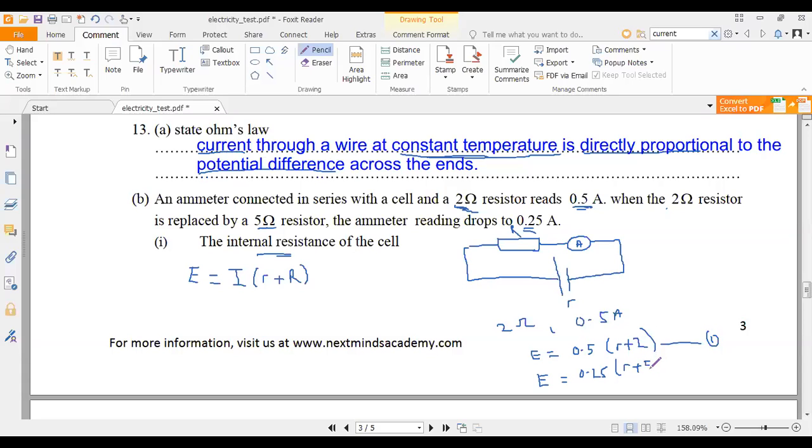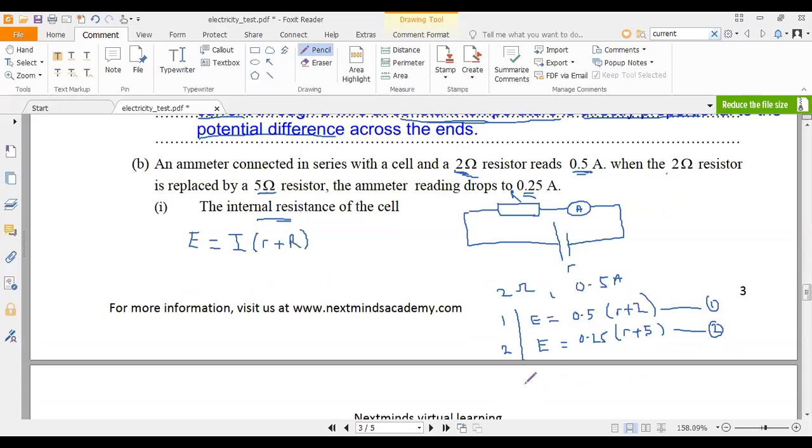So we can solve these two equations, equation 1 and 2, to get the internal resistance, small r, and also get the EMF which is supplied by the cell. So solve this simultaneously. I want to eliminate r, so I'll multiply equation 2 by 2, and then after I'll subtract equation 1.